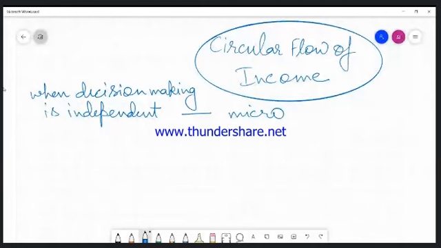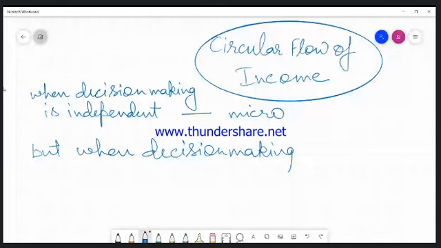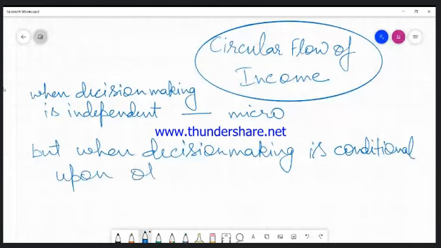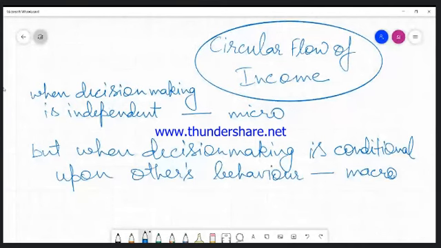But when decision making is conditional upon others' behavior, it is macro. This is very important for you to remember. Don't get confused easily.